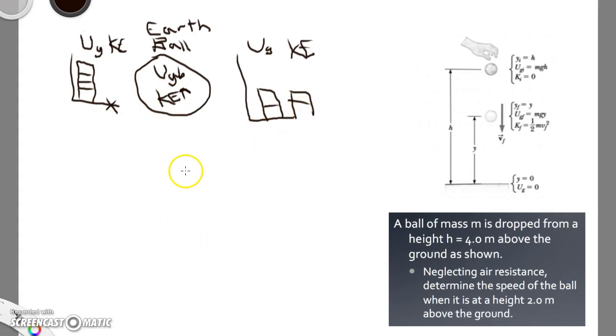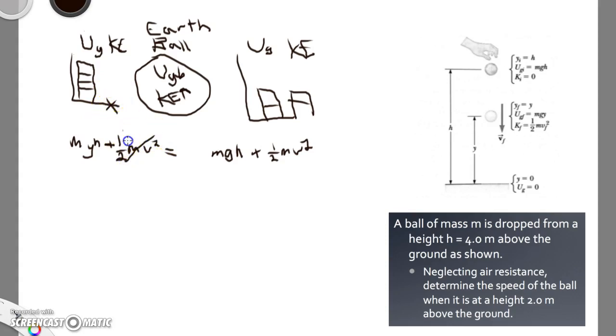Now we can write an equation for energy and use it to solve our problem. We start with gravitational potential energy and kinetic energy, and then we end up with gravitational potential energy and kinetic energy. Beforehand we didn't have any kinetic energy. It was equal to 0 because the ball started at rest. It was dropped.